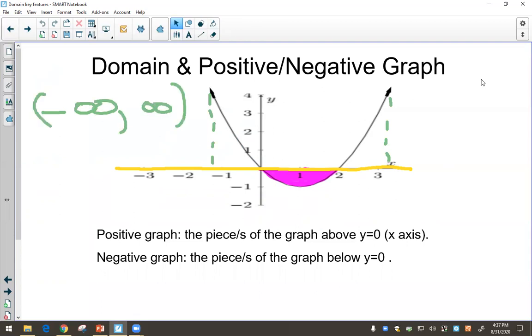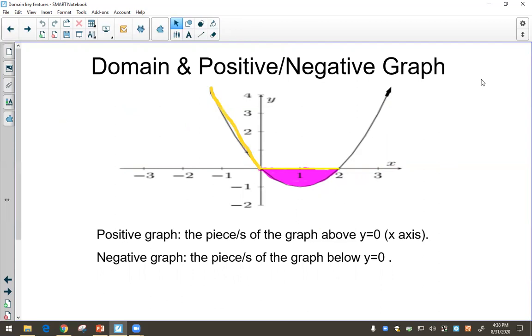Okay, cool. Now let us look at positive and negative graph. So positive graph is the piece or pieces of the graph above y equals 0. Y equals 0 is the same as your x-axis. So any section of the graph that is above the x-axis, I'm going to highlight it using yellow. That is above.